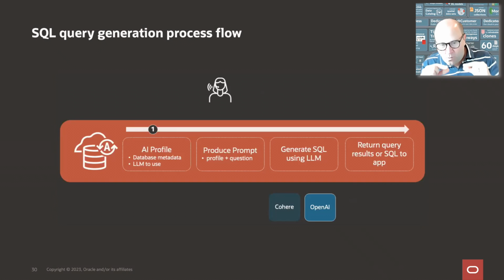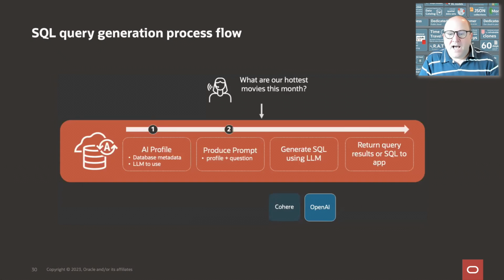Now, what happens is when you ask your question, what are the hottest movies this month? That question is sent, and it's combined with the metadata that you originally specified in that profile, right? So you ask the question to Autonomous Database.